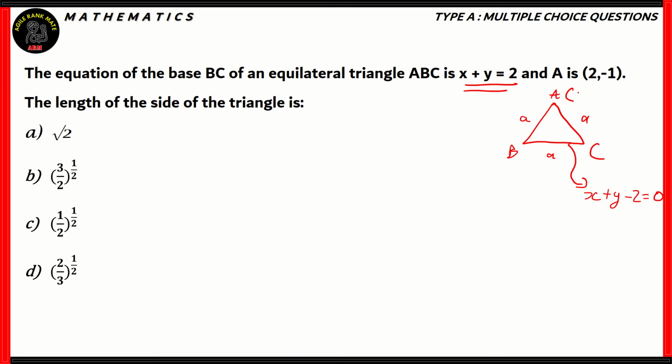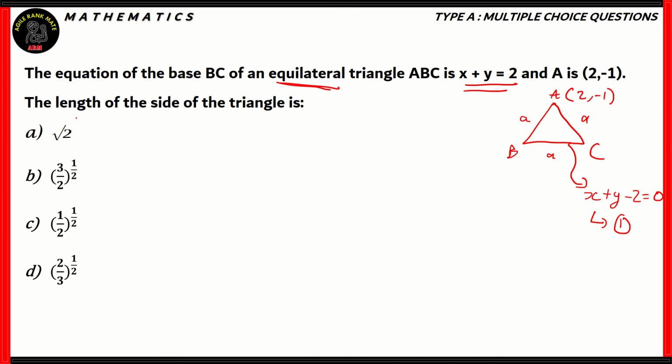And the coordinates of A is (2, -1). Now, let's consider x plus y minus 2 equals 0 as equation 1. It is the base BC of triangle ABC, which, by the way, is equilateral.